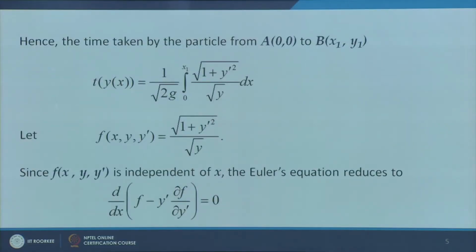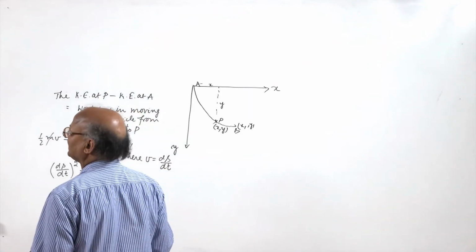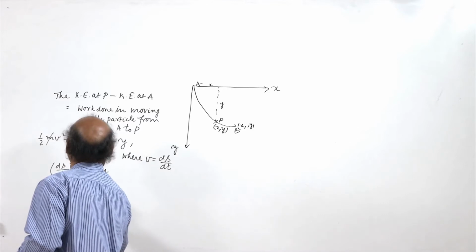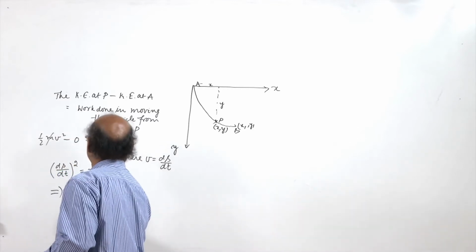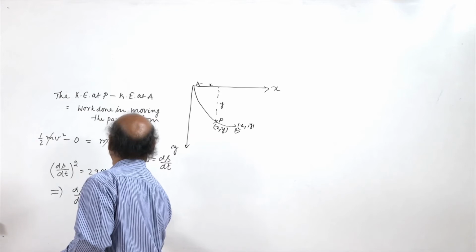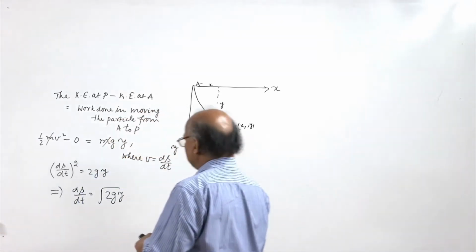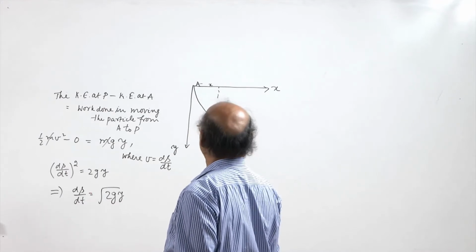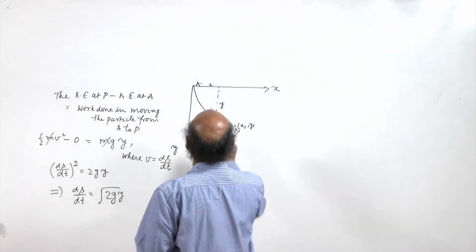Now let us say t is the time taken by the particle sliding from A to the point B, whose coordinates we have taken as (x1, y1), then t will be a function of y. y will depend on x, and if you take the square root, ds/dt will be equal to under root 2gy. We have taken a positive sign here because as t increases, s also increases. The arc AP is s.